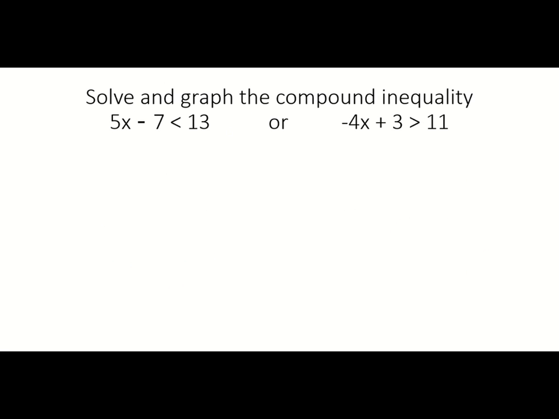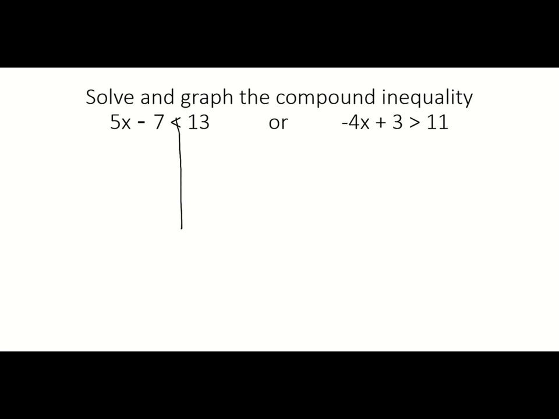Our first example is to solve and graph the compound inequality 5x minus 7 is less than 13, or negative 4x plus 3 is greater than 11. When we have compound inequalities, we solve each inequality separately. For the first one, I'm going to draw a line down my inequality symbol and solve this for x.